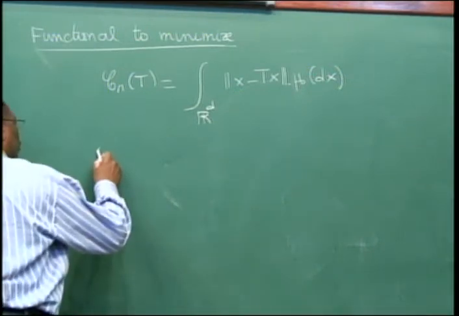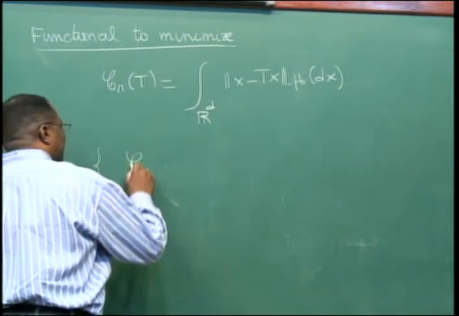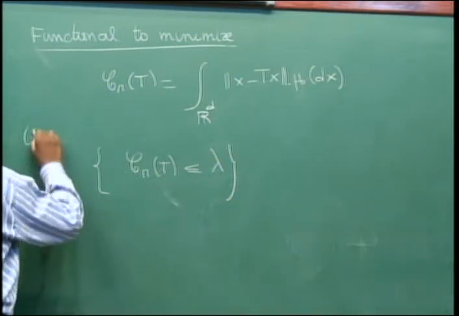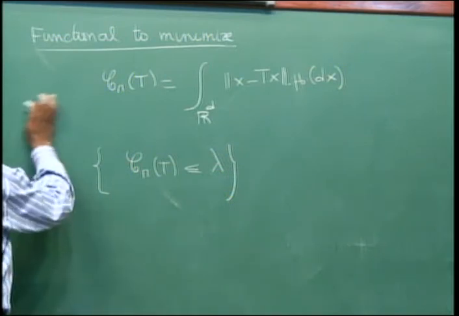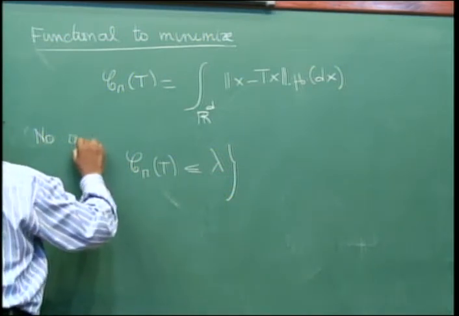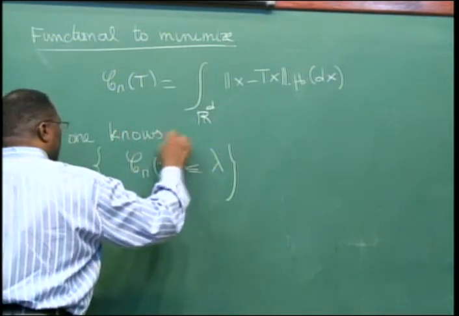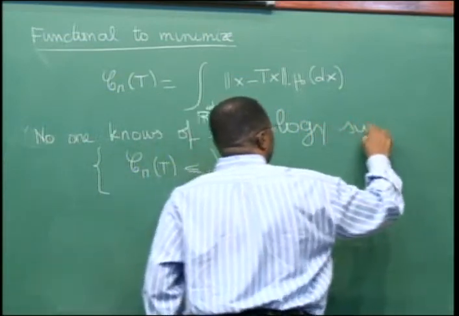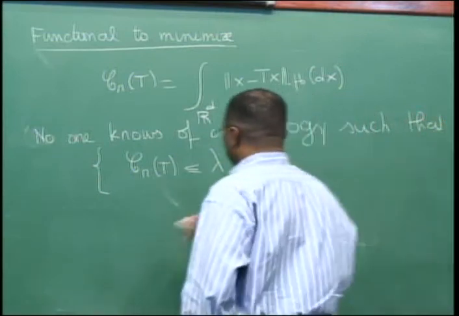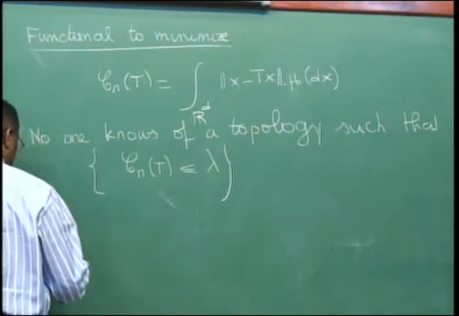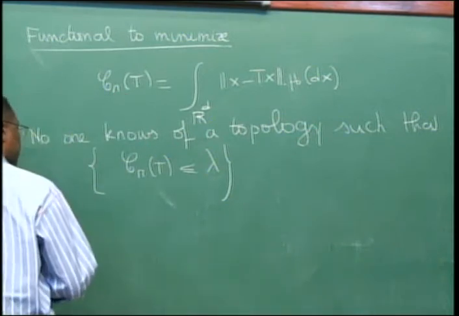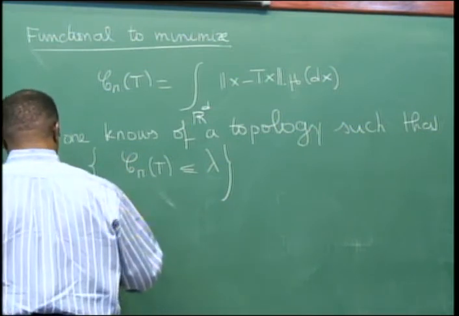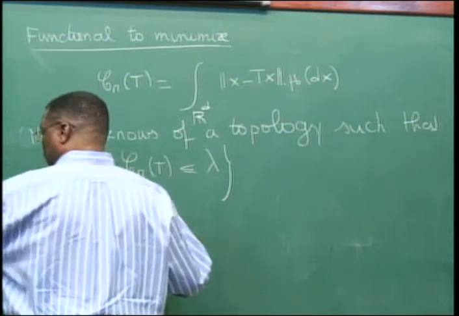And no one knows of any topology such that the set where Cm of T is less than lambda is compact in tau. No one.